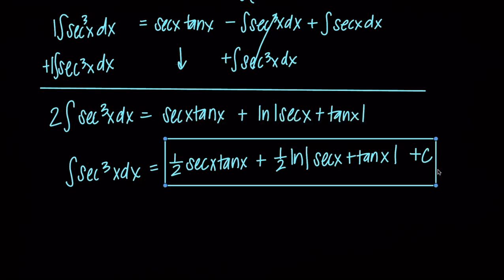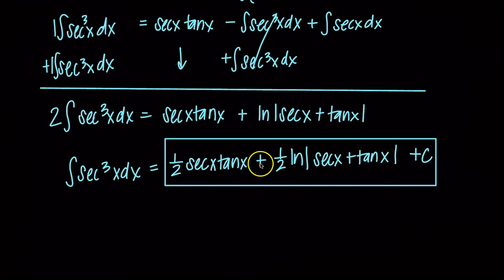Now, this is a result that sometimes can also be worth memorizing because when we're doing some later integrals, secant cubed tends to come up in parts of other problems. And so it might seem kind of hard to memorize this, but I'm going to try to give you a shortcut for it. If we remember, the derivative of secant is secant tangent, and the integral of regular secant is natural log of absolute value of secant x plus tangent x.